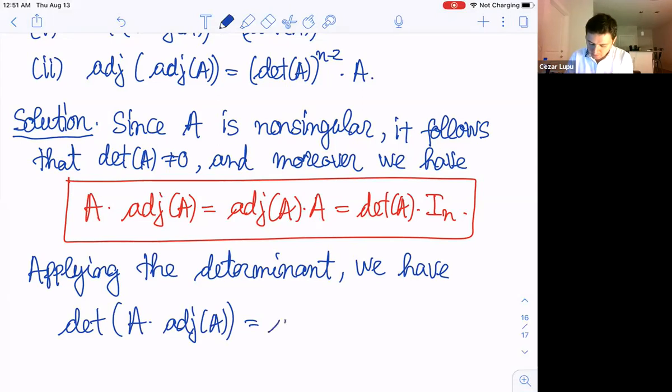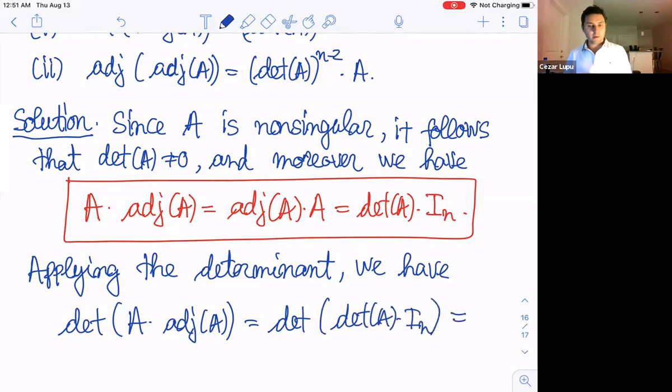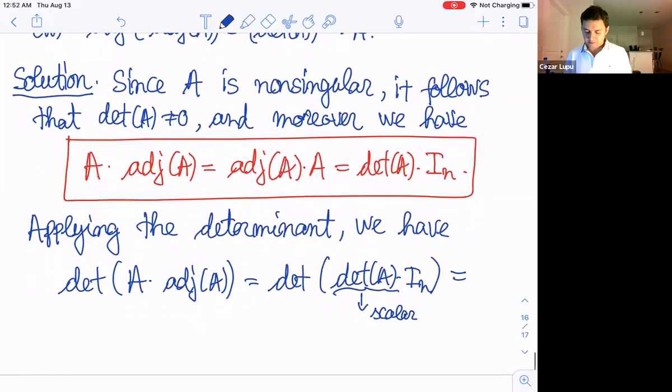We only care about this one here, the determinant of A times the identity. Keep in mind, by the properties of the determinants, this is a scalar, and the scalar will go outside the determinant.